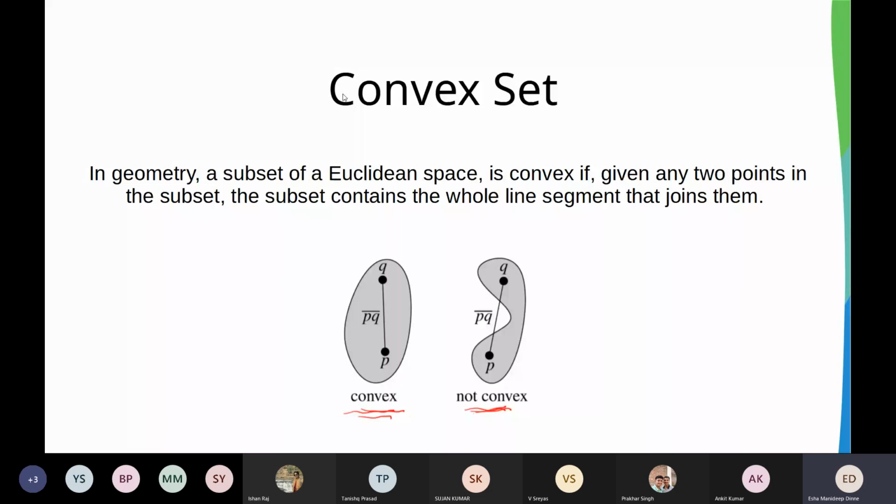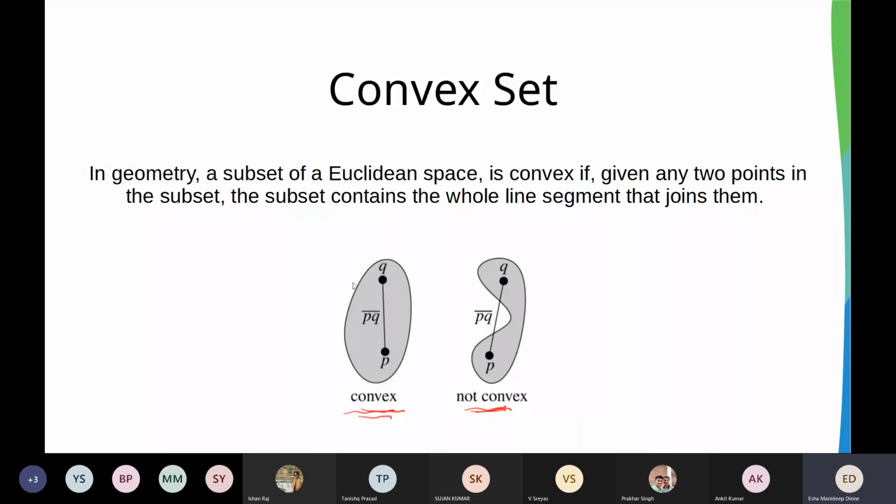In geometry, a subset of a Euclidean space is convex if, given any two points, the subset contains the whole line segment that joins them. Let's consider these two points P and Q, and say this whole shaded thing is the set we are considering. If you choose points P and Q inside the set and join them, and the whole line is contained in the set, then that set is called convex.